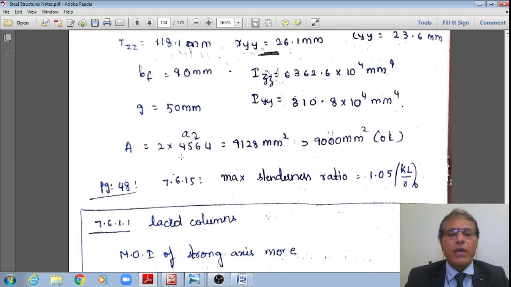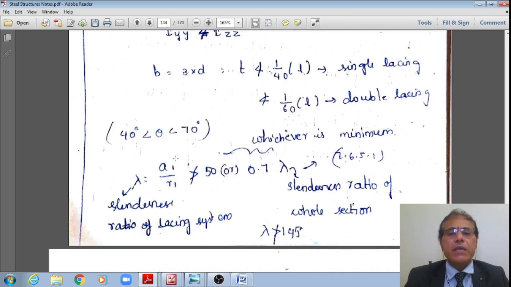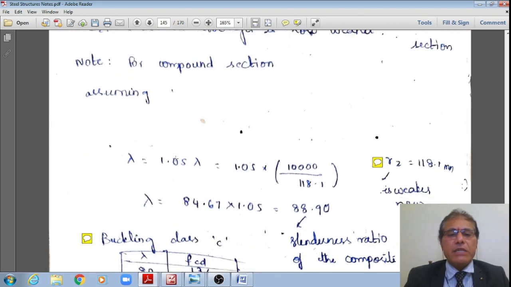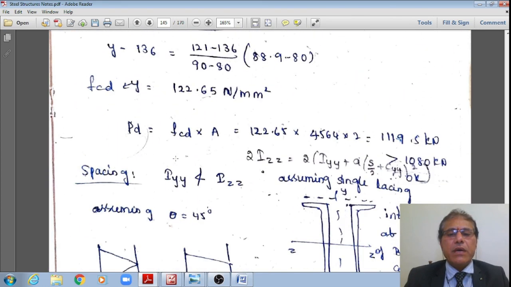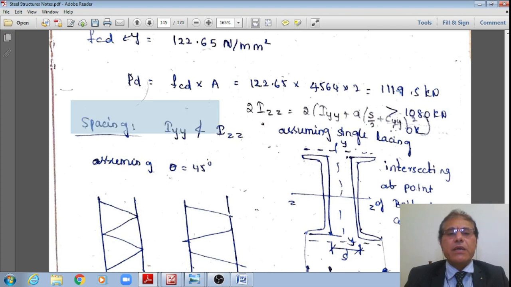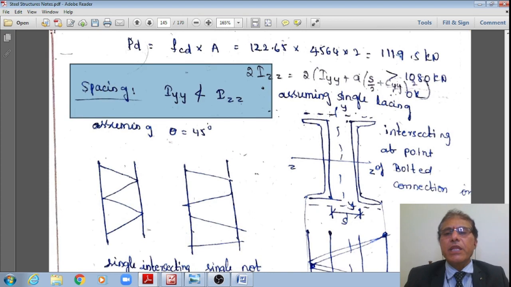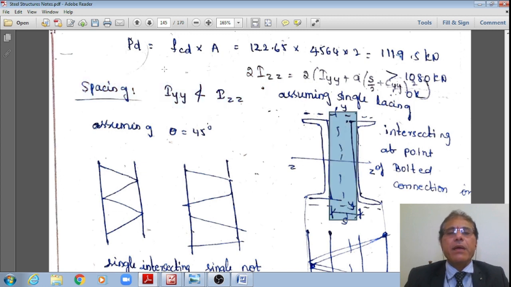Once the section is okay, as per the Codal specification, the spacing between these two channels is denoted by S mm. As per the code, we have just seen that IYY should not be less than IZZ.